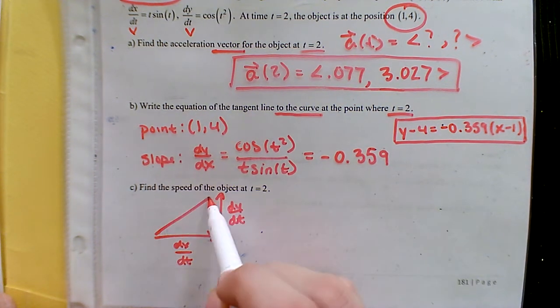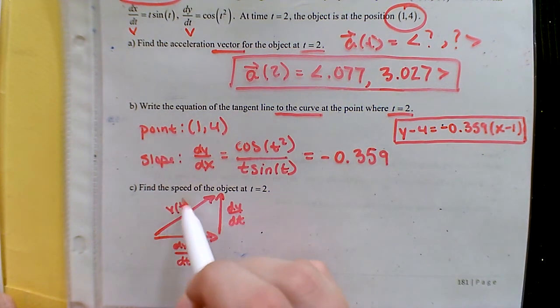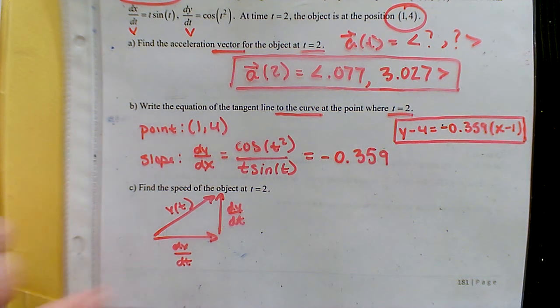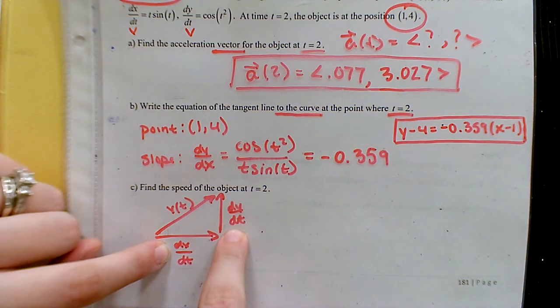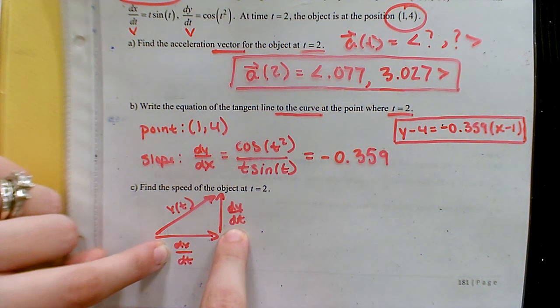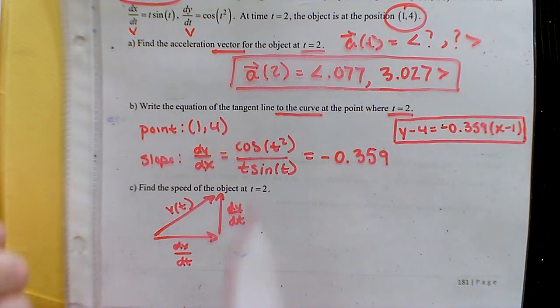How can we figure out the overall speed? That's the Pythagorean theorem, right. So we've got to figure out the x speed or velocity at 2. We've got to figure out the y speed or velocity at 2. And then we'll use the Pythagorean theorem to figure out the overall velocity or speed.